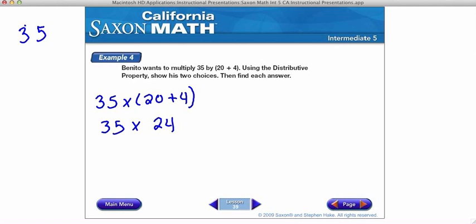turn it vertically because we can't multiply large numbers horizontally. 4 times 5 is 20, 4 times 3 is 12, 13, 14.